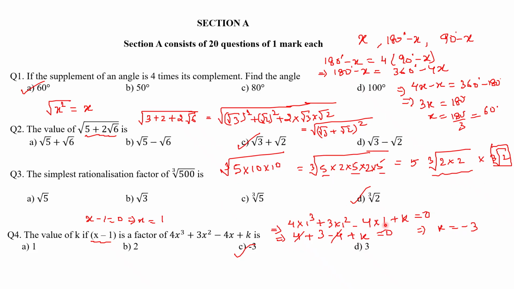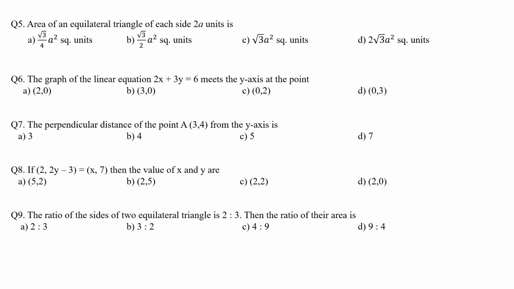Now moving to question number 5. Area of an equilateral triangle of each side 2a units is. So first of all, what is the area of an equilateral triangle? We know that an equilateral triangle will have all the three sides equal and all the three angles also equal. And we have a formula also. Area of an equilateral triangle is root of 3 by 4 into a square, where a is the side, isn't it?